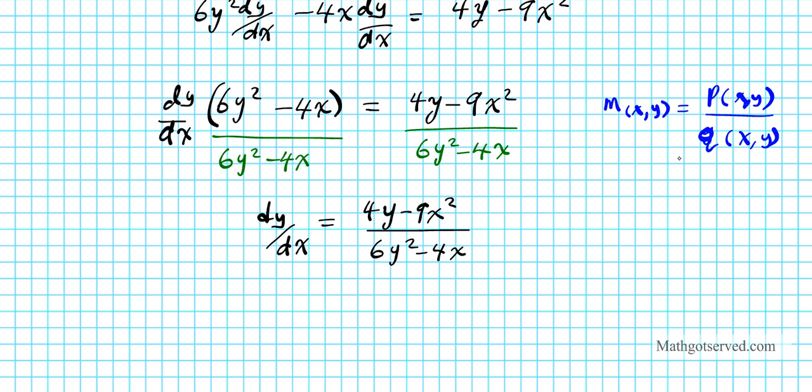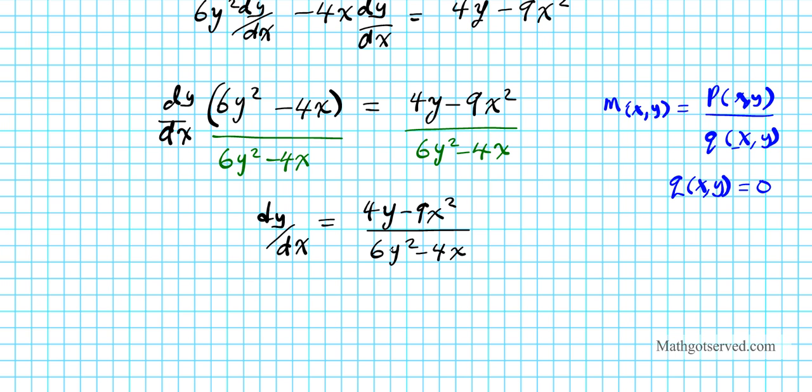And when we set the denominator to 0, anything that makes that equation true will cause the function to have an undefined slope. So we need the function to be defined. The function will have a defined slope anywhere except where the denominator function is equal to 0.